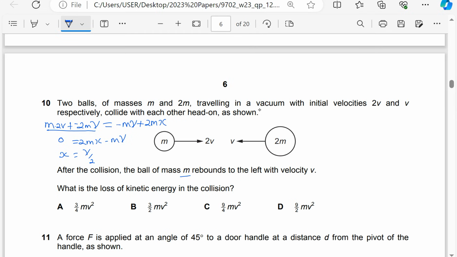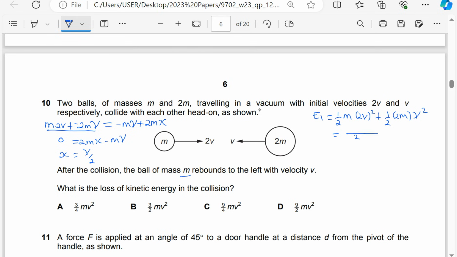So what is the loss of kinetic energy in the collision? Initial kinetic energy before the collision is the sum. The first ball is a half, its mass is m, its velocity is 2v squared. I'm using a half mv squared. Then for the second ball, it's a half, its mass is 2m, its velocity is just v squared. So let's find the total here.